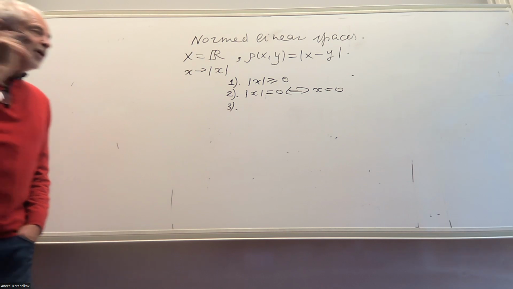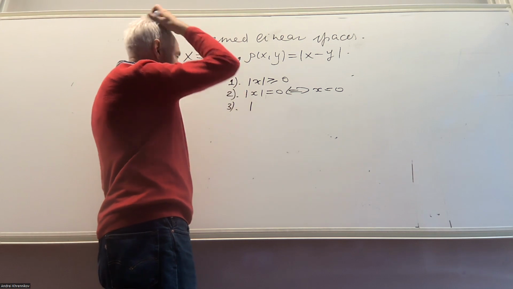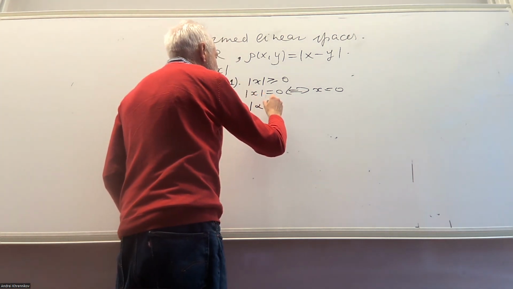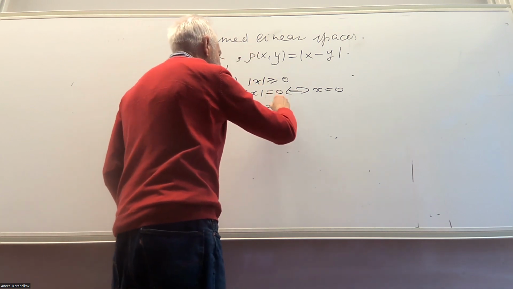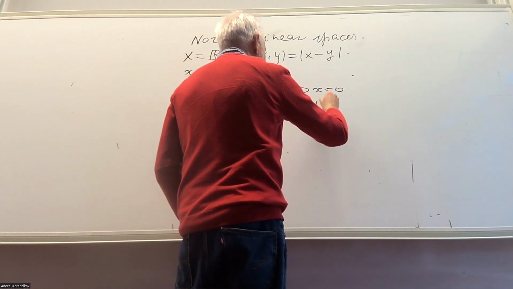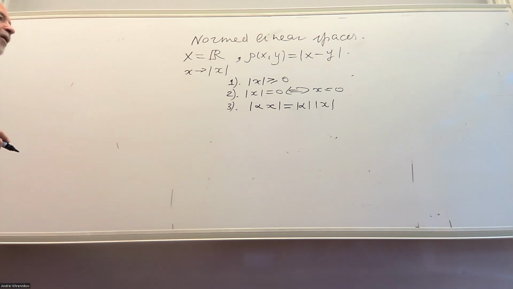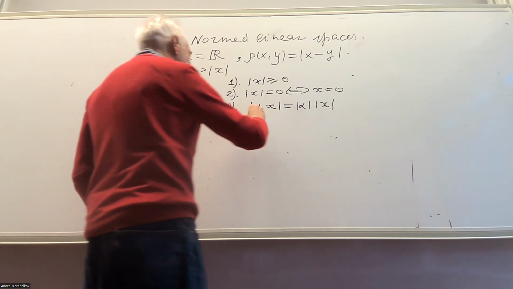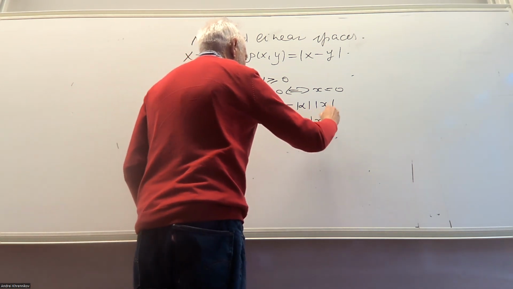On the real line, we can multiply. Now we consider x as a one-dimensional vector and multiply by some alpha, which is also real. Then we get the absolute value of alpha x equals the absolute value of alpha times the absolute value of x. And the fourth property is the analog of the triangle inequality.